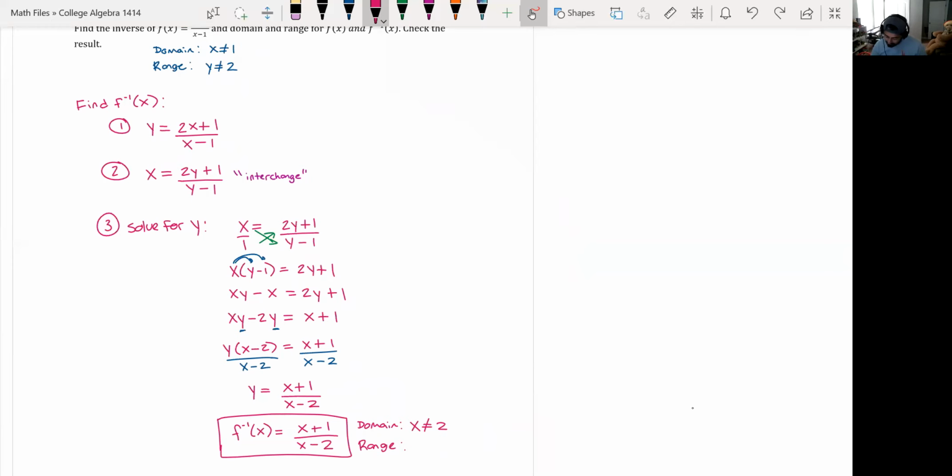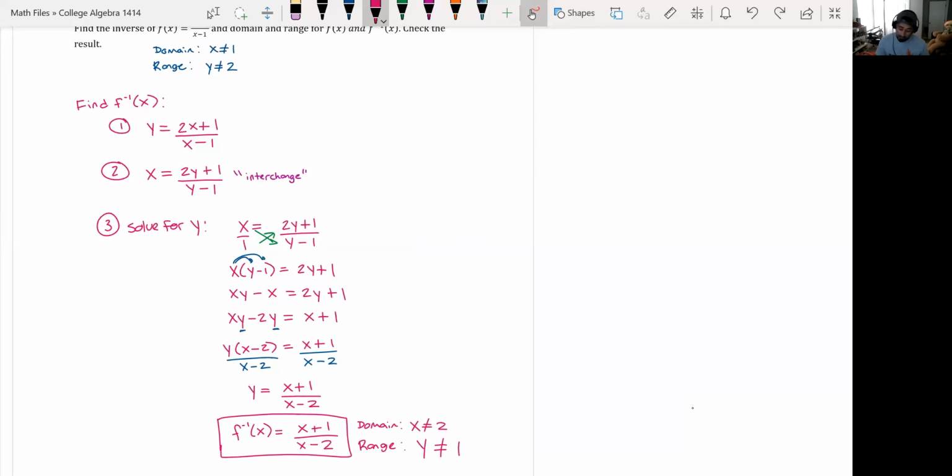So this means that our range is going to be y can't equal 1. And now, if you check it by horizontal asymptotes, that makes sense because the degrees are equal. Therefore, your horizontal asymptote would be y equals 1. Hey, look, it all checks out.